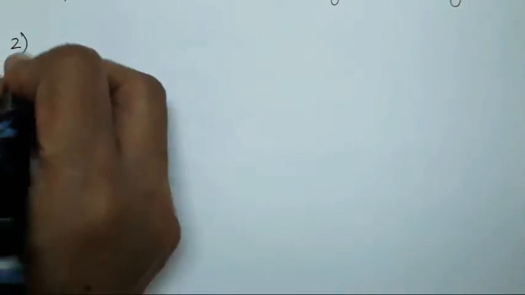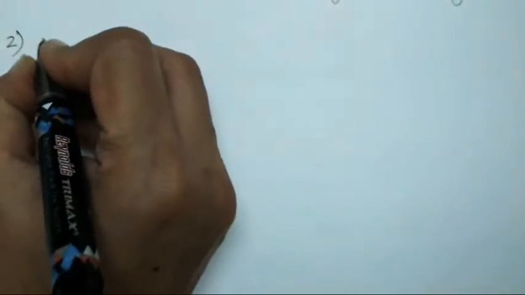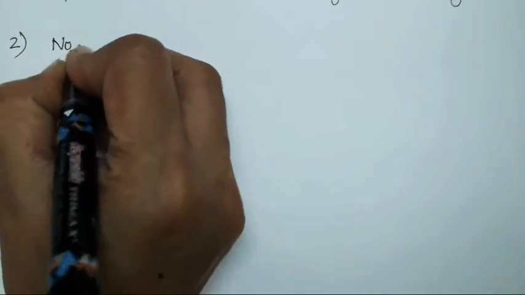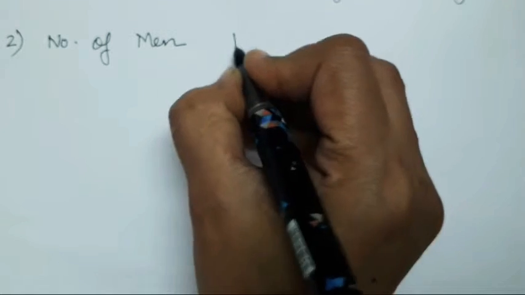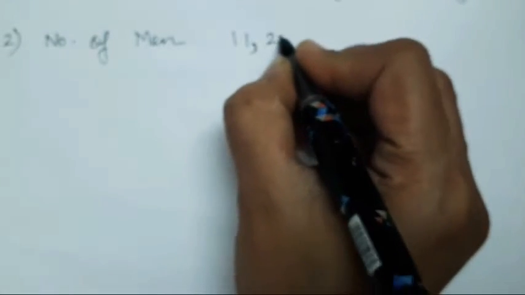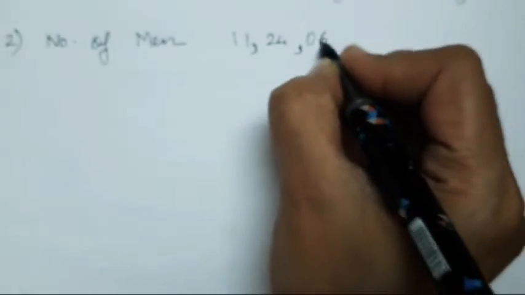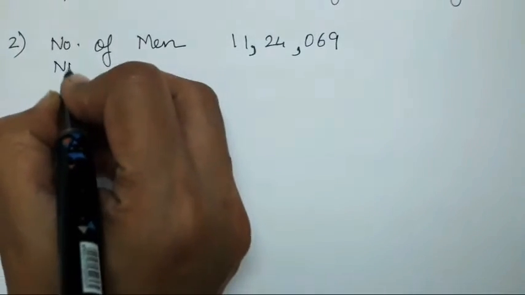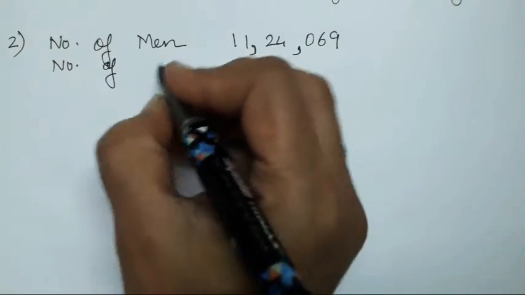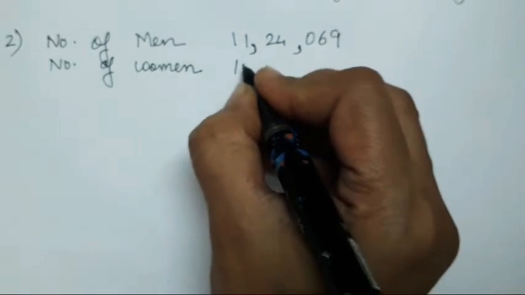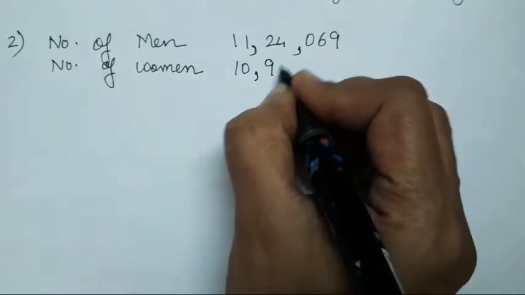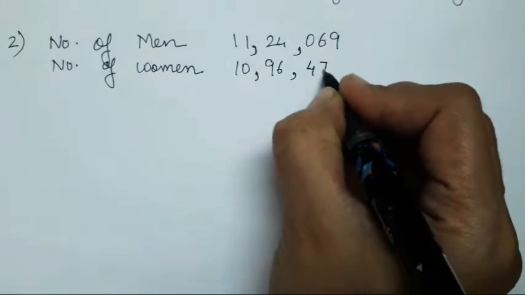So second one, first we will write number of men were 11,24,069 and number of women will be 10,96,478.